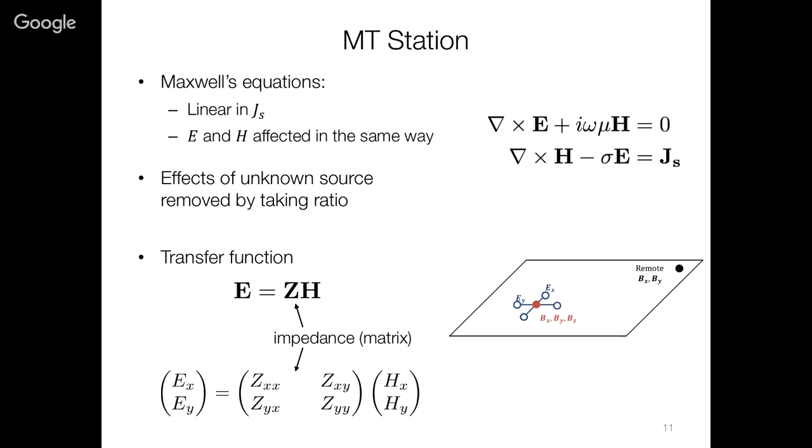So now the electric field is equal to this quantity Z, called the impedance tensor. It's a 2x2 tensor, times H. This is H, that's HX, HY, so horizontal, and E is EX, EY. And here is your transfer function equation.